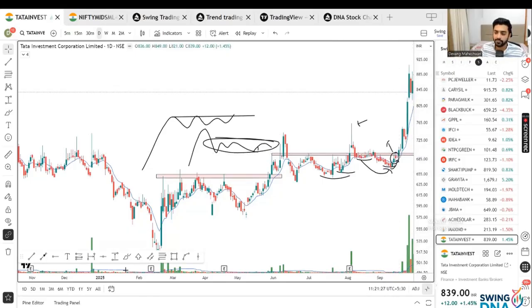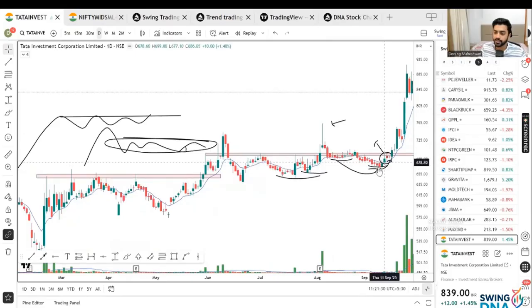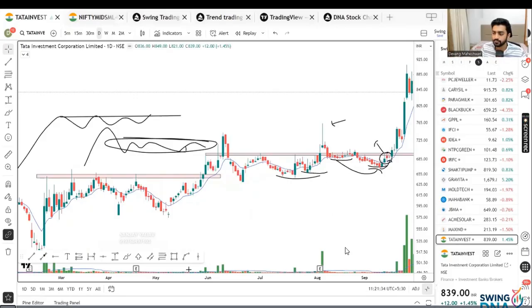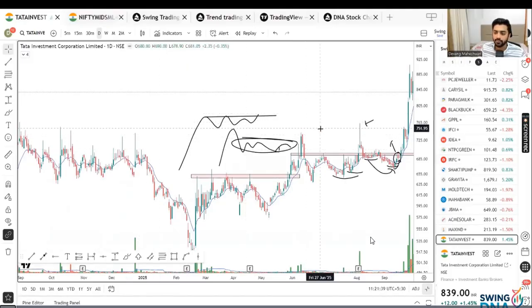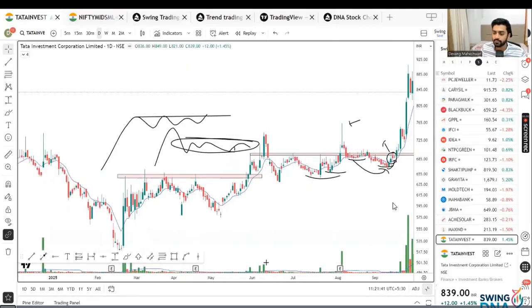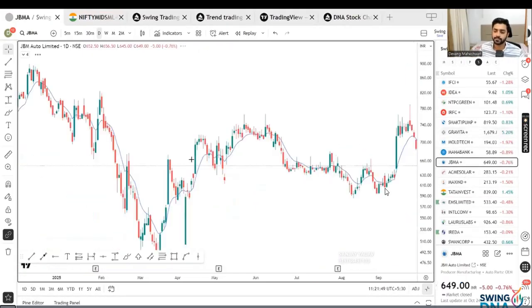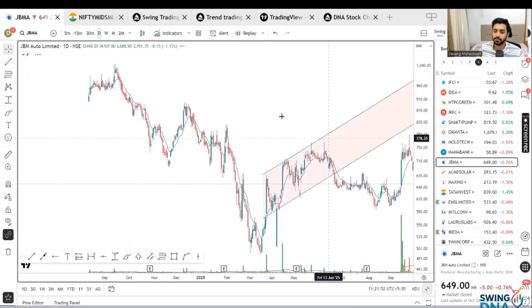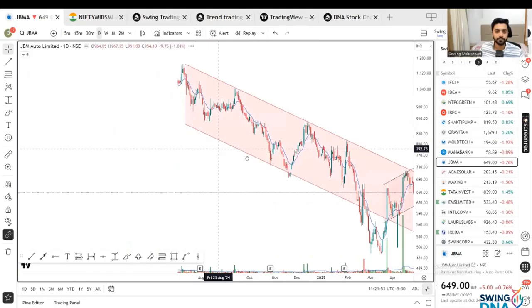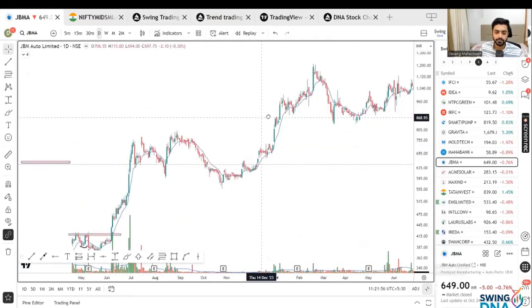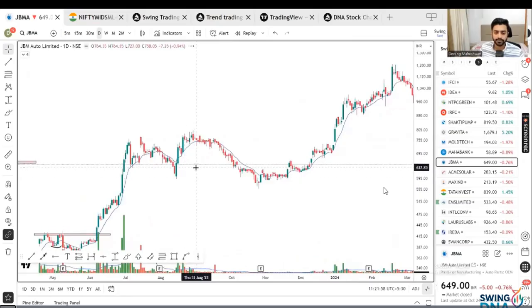And before this supply zone, you have this correction of the lower lows. Now look at this one here.